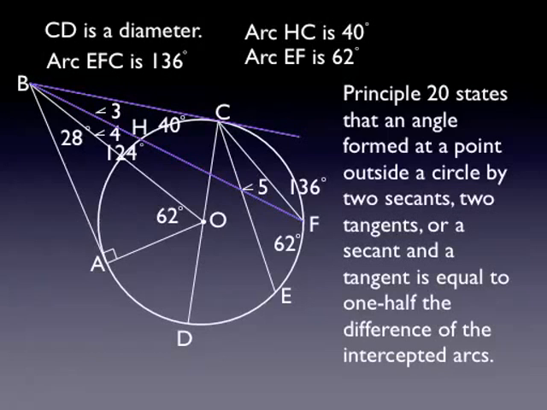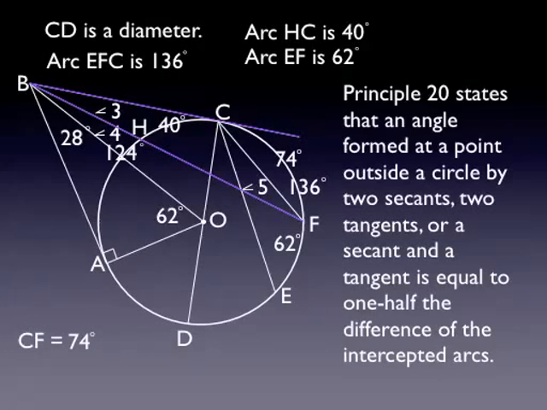So we've got half the difference between arc CF, which we don't know at the moment, and arc HC, which we do know. We can figure out arc CF by subtracting arc EF from arc EFC. So putting in 136 degrees and subtracting 62 degrees, we find that arc CF is 74 degrees.